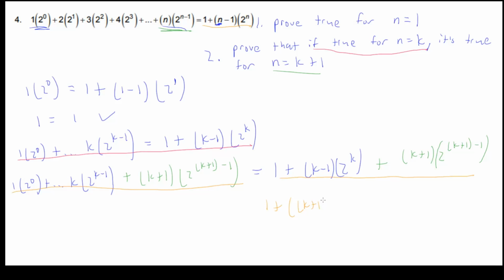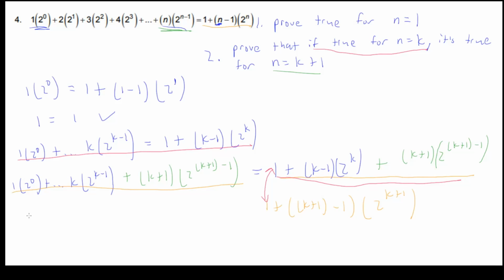So if you put k plus 1 into this expression right here, you get 1 plus k plus 1 minus 1 times 2 to the power of k plus 1. So we have to figure out a way to prove that this expression over here on top is equal to the expression on the bottom. So let's see if we can manipulate this expression here to make it equal to the expression below.